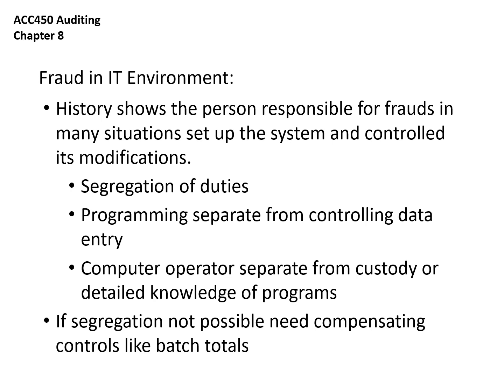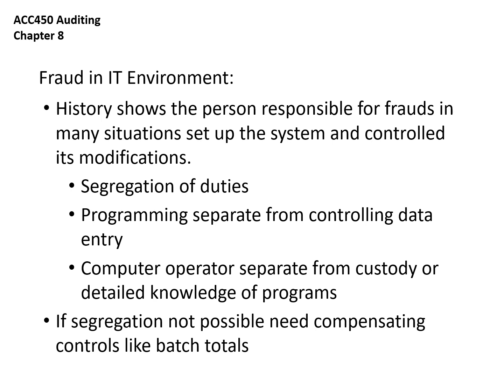So history shows that the person responsible for fraud in many situations set the system up and controlled the modifications. So if you set up a system and you control how it's altered and nobody quite understands what you're doing, well, that means you could do something inappropriate and cover your tracks. So segregation of duties is really important. You want to make sure that the people that have the ability to change the programs in the system don't have access to be able to log in and do data entry.